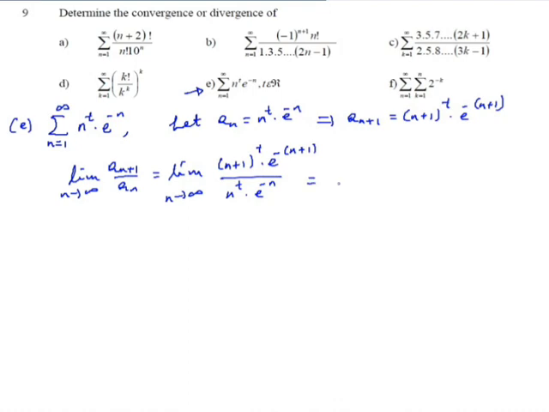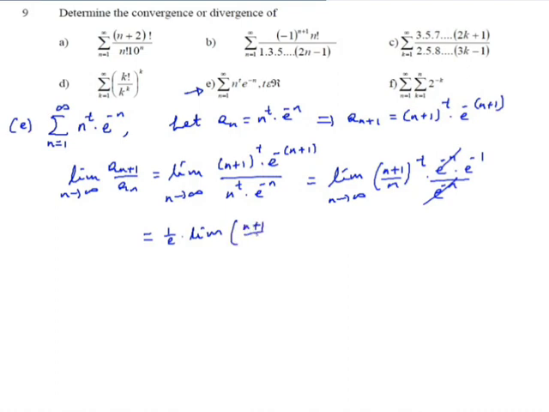So this is the same as the limit of n plus 1 over n, the whole to the power t, times e to the power of minus n times e to the power of minus 1, over e to the power of minus n, as n approaches infinity.